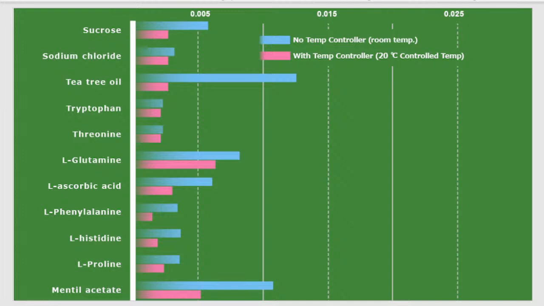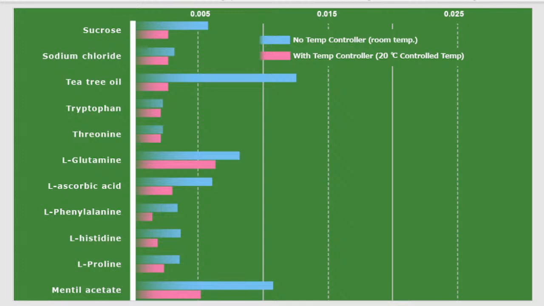So you were controlling the temperature of your sample. As you can see with sucrose, just a bit over twice as much accuracy and repeatability was achieved when you're controlling the temperature of the sucrose liquid. Sodium chloride, not as much difference, but it did help. And when you're dealing with different oils, you can have a huge difference.